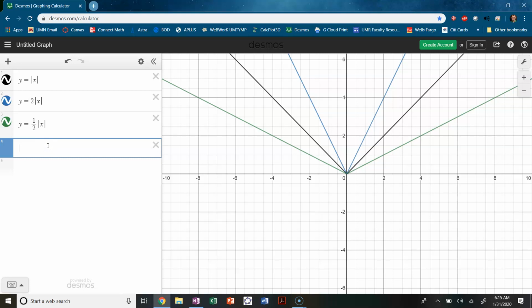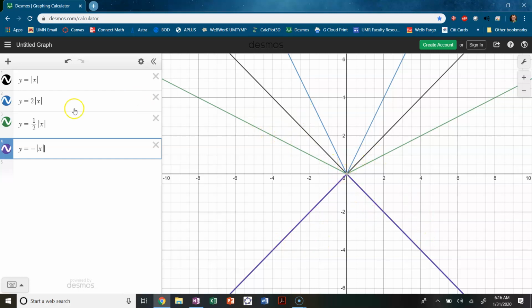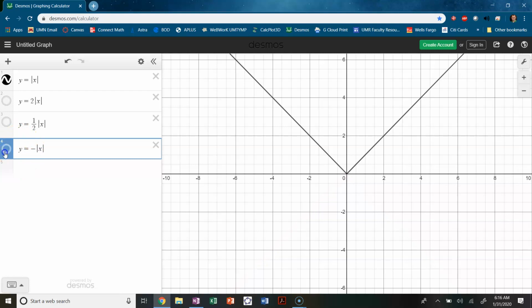And then finally, for the negative, imagine what that's going to look like. Here we go. That one is in purple, so it's down here. Again, if you want to see them two at a time, that is the negative absolute value of x, and then if you wanted to see the 1/2 absolute value of x, there you go.